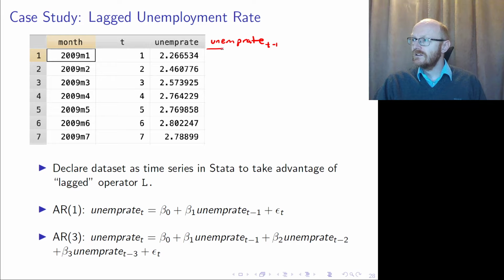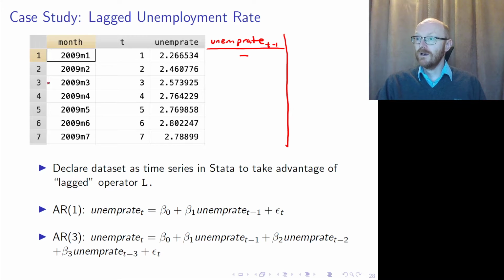So what do we fill this with? We want to create one lag. We have 2009, month 1, which is January, and the unemployment rate was 2.26, but we really don't know the unemployment rate at time t minus 1, because that would be year 2008, month 12. We don't have that in our data, so we just get nothing.